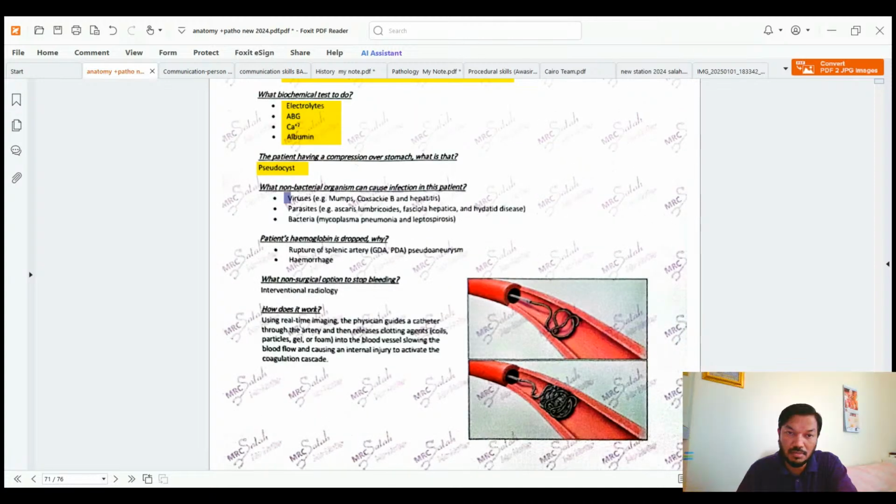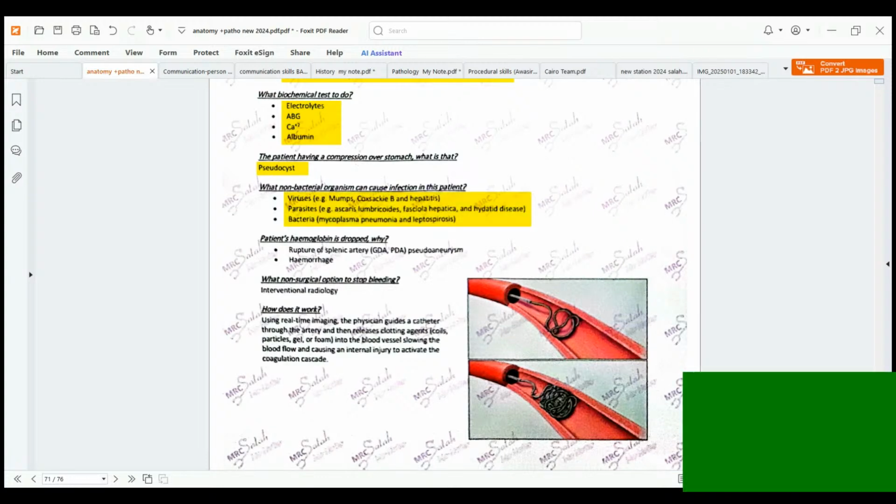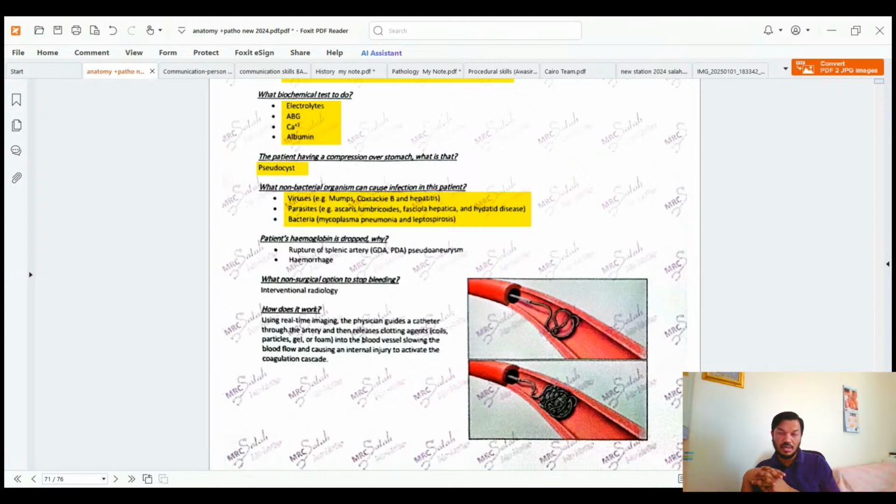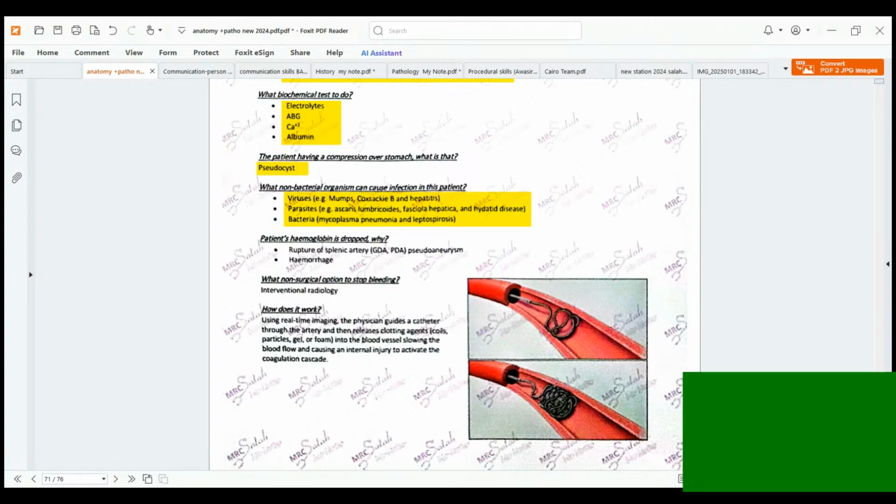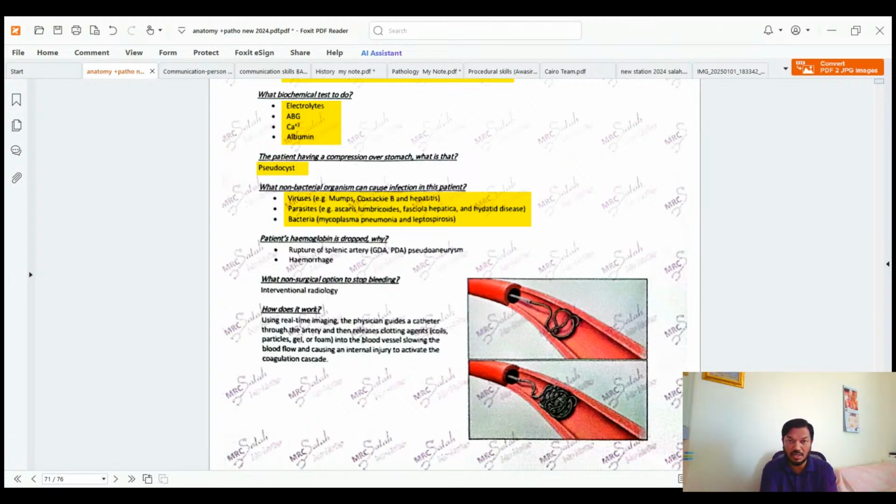Non-bacterial causes like mumps, coxsackie, and hepatitis B. Parasites, right? Ascaris lumbricoides and Fasciola hepatica.